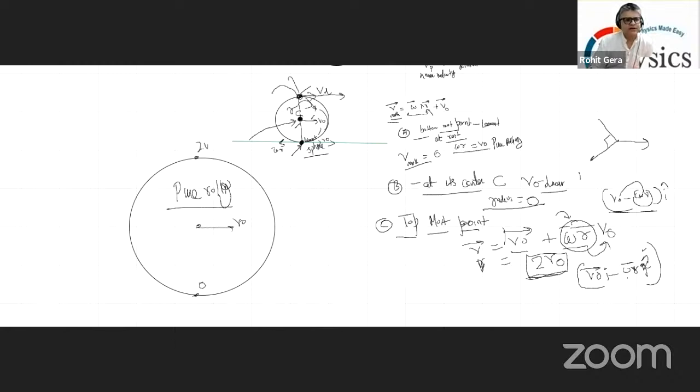So you can see the relative velocity of 2v naught with respect to another point. Unlike pure rotation, where the velocity between the two particles remains the same with respect to each other, in the case of rolling, dynamics are a bit different.